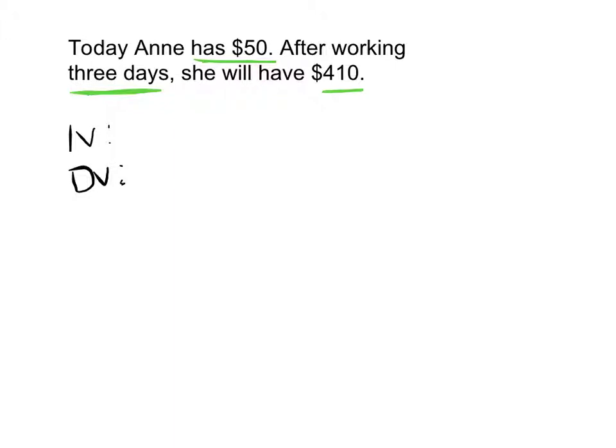Independent variable is the thing that's in charge, and dependent variable is the thing that you calculate, the thing that gets changed. So if you think about Anne's situation, she's working, she's making money, what would you calculate? I would probably calculate my money. The money depends on the days, so the money is the dependent variable, and the days are the independent variable. That means when we actually find our rate of change, we're going to find the change of the money over the change in the days.